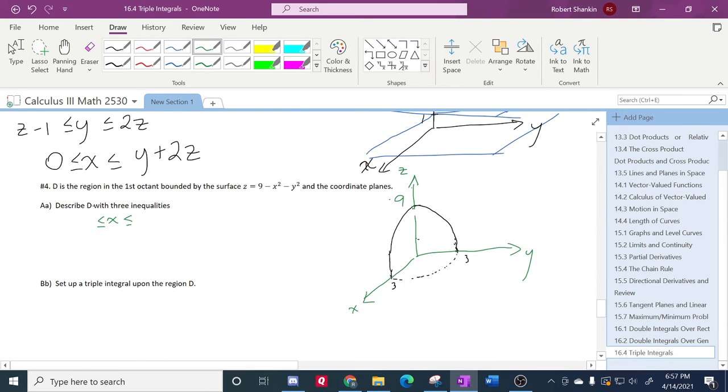When you set up the triple integral, the outermost one has to be just constants, and let's agree it'll be x. Then you all come up with the y and the z, and we'll do it in such a way that we can convert this right into a triple integral on this surface.